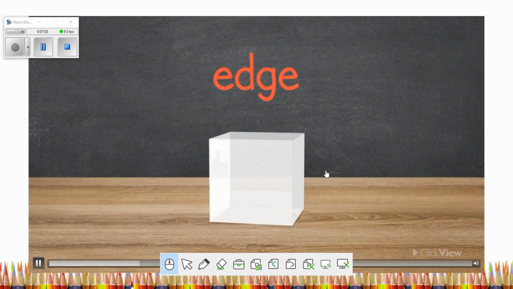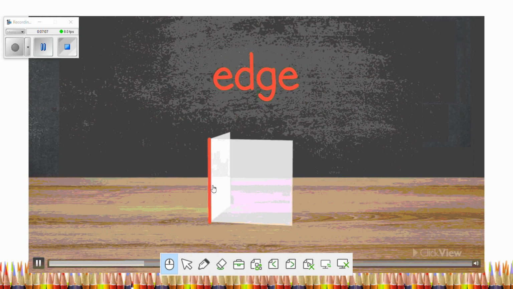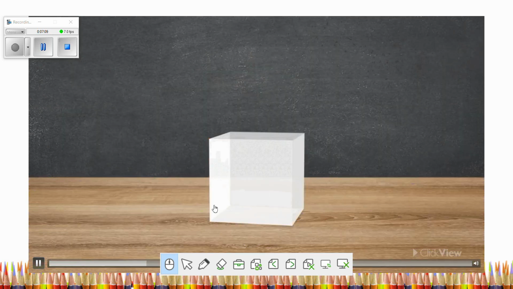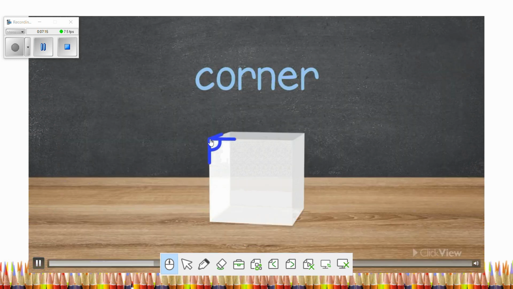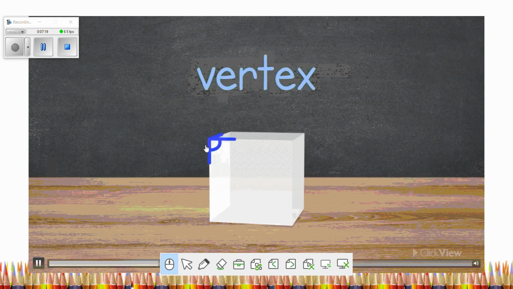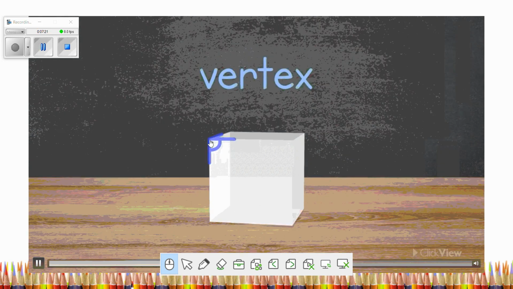The flat surface. The line is an edge. The point is a corner. You can call the corner a vertex.